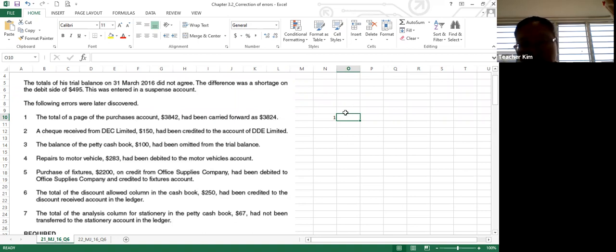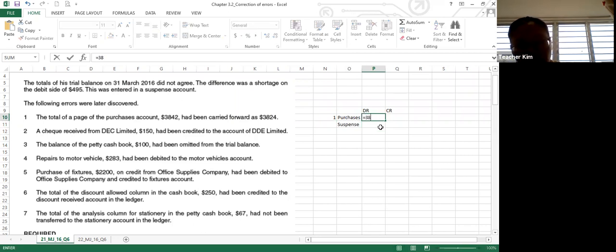So if we talk about the double entry, the account entry, debit and credit entry, we have to debit purchases and credit suspense. So this amount is 3,842 minus 3,824. So the amount is $18.